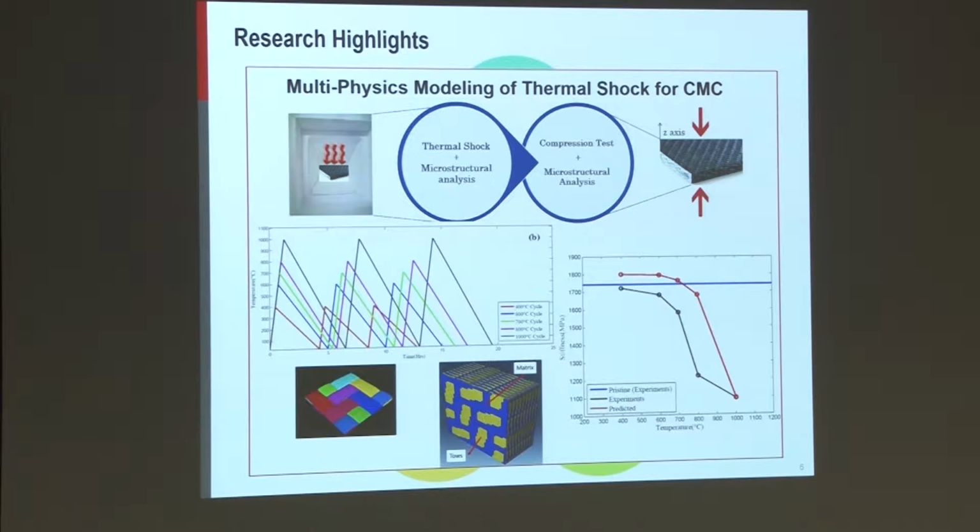So we want to capture how the oxidizing environment and thermal shock in these extreme conditions can cause reduction in the initial stiffness and the strength of these particular materials. And we have so far good correlation up to about 700 degrees Celsius of peak temperature that is imparted, and we do not have a very good correlation beyond that, and we are currently working on improving that in particular.